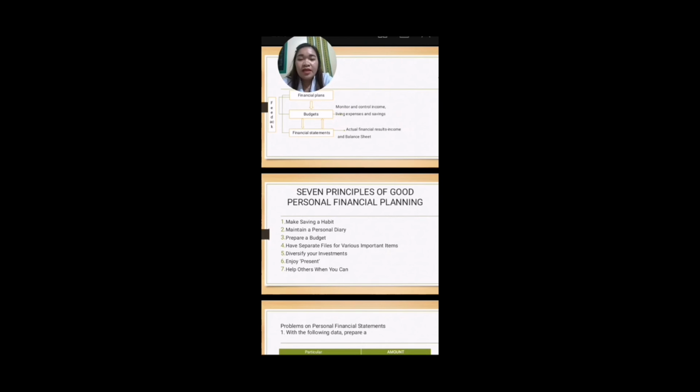Number 5 is diversify your investment. Do not invest all your money in any one type of asset.